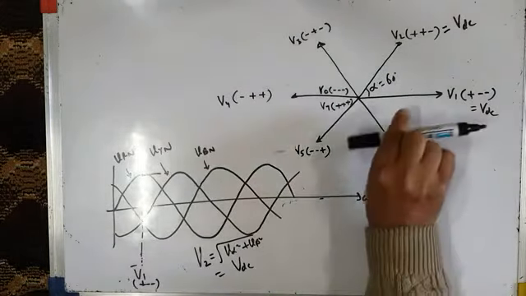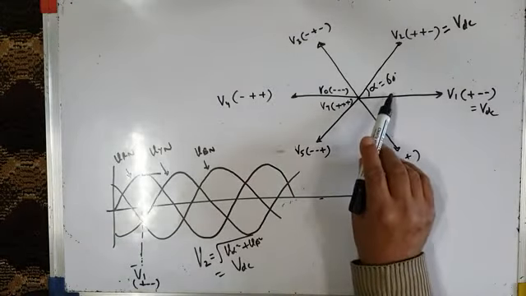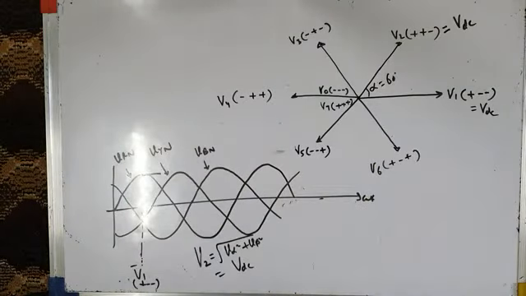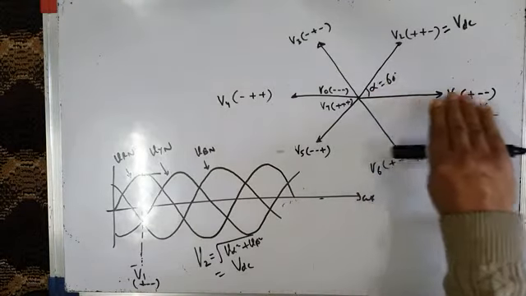That means this V1 voltage vector gets applied across the load for a period of 60 degrees, and after 60 degrees, the V2 voltage vector gets applied across the load. And when the V2 voltage vector gets applied across the load, this vector is gone. It does not get applied across the load. This was there for 60 degrees.